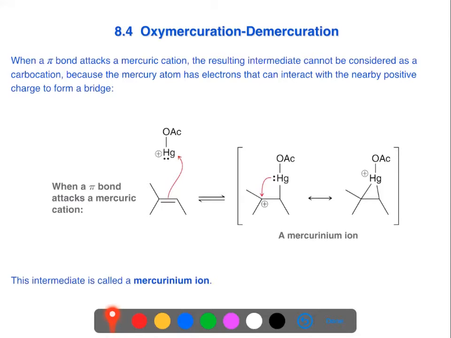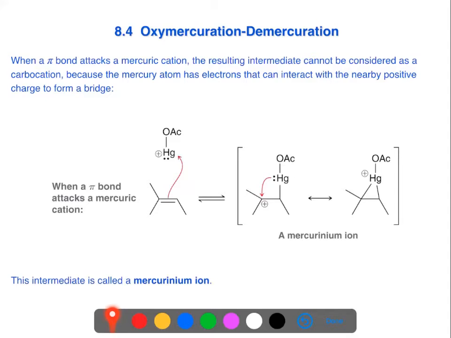We have a partial positive charge associated with this carbon, and this is where the eventual OH group will end up. This fairly exotic species is known as the mercurinium ion, and it has two resonance structures which represent the resonance hybrid for it.